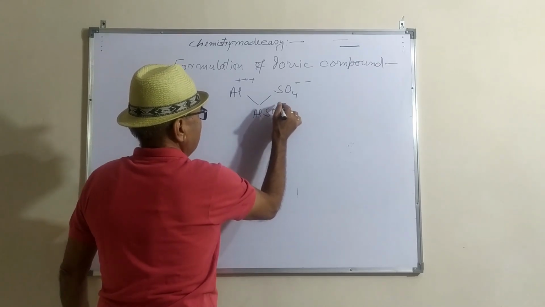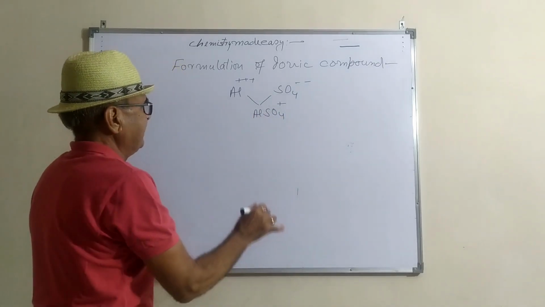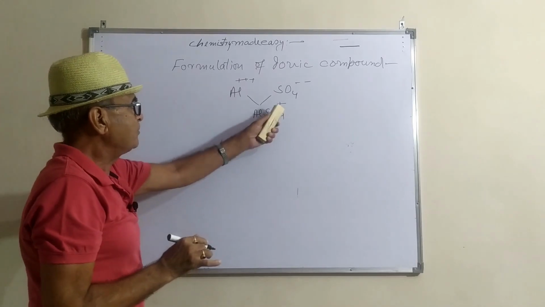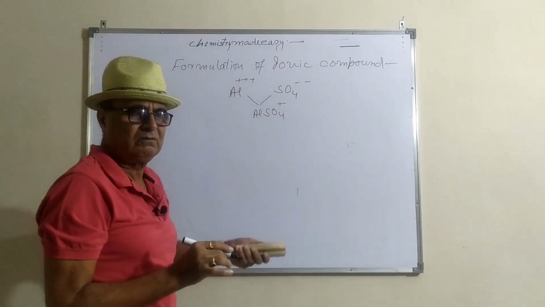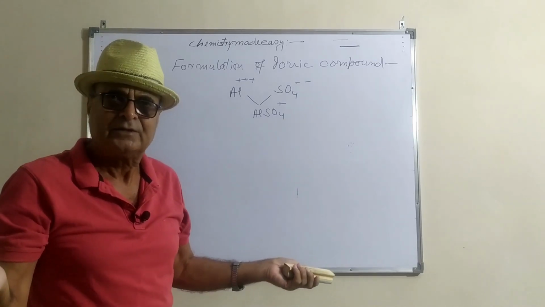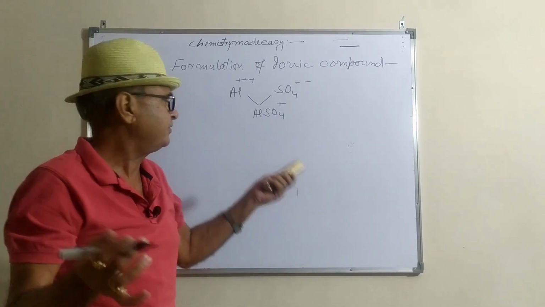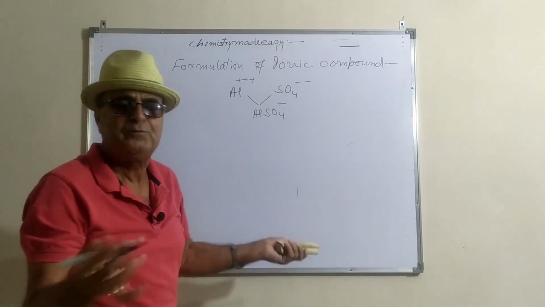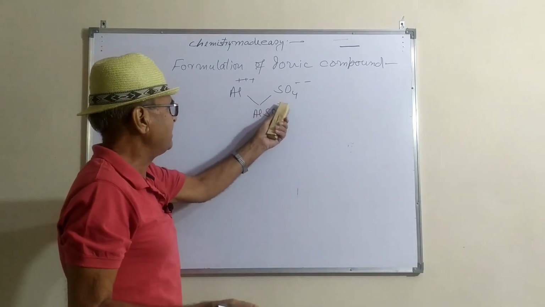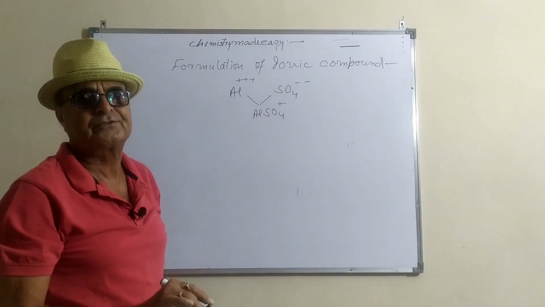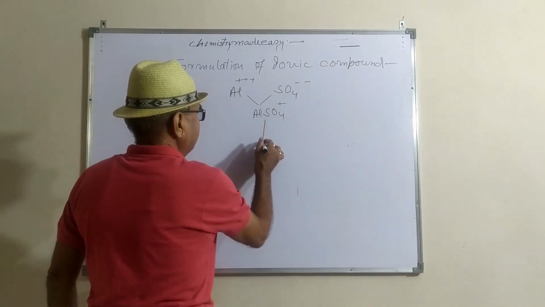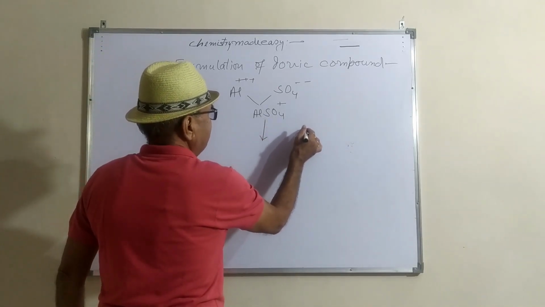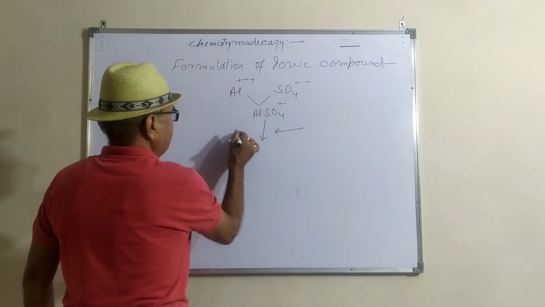Then 1 positive will remain on AlSO4. You can call it aluminium sulfate, but it contains 1 positive charge. So again, what will happen? There are so many sulfate ions here.